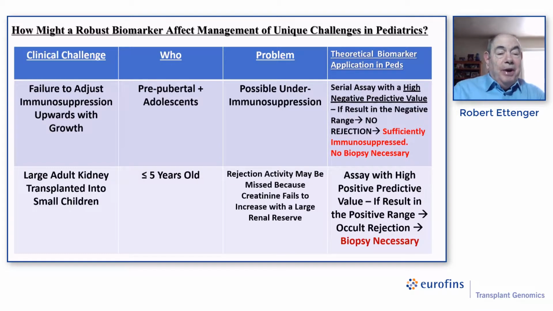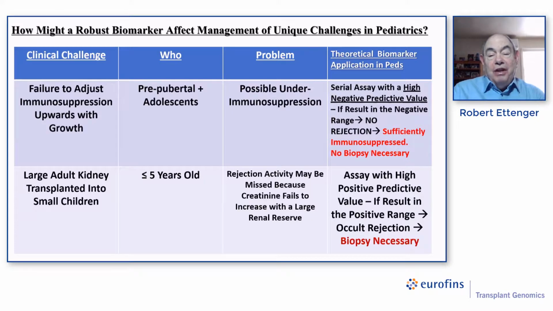Finally, there's the situation in children around and less than 5 years of age when we transplant a large adult kidney into small children. In this situation, rejection activity may be missed because creatinine fails to increase because of the large renal reserve. In this situation, you'd most likely want an assay with high positive predictive value.